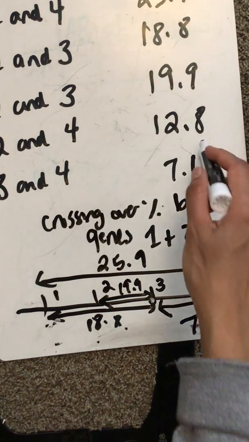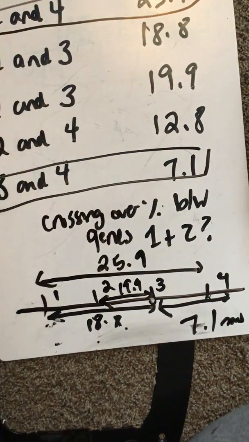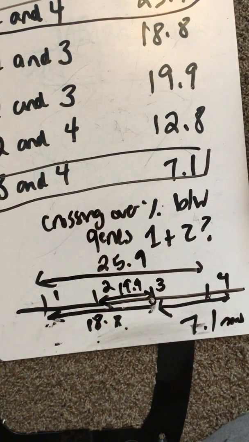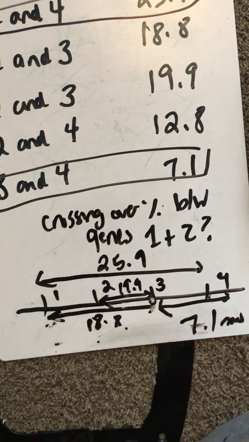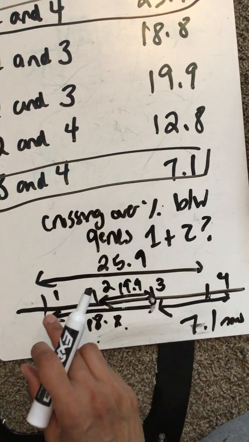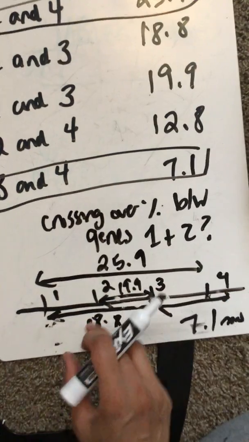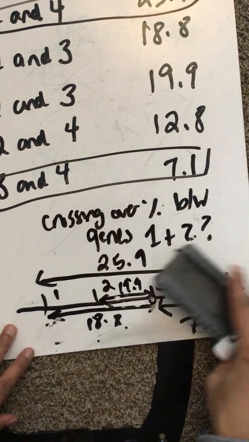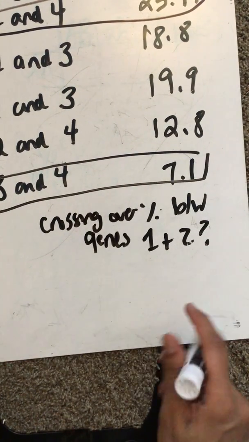Which works here, but how is it possible that the distance between 2 and 3 is 19.9? 18.8 plus 19.9 is way more than 25.9. So it can't be 1, 2, 3, 4. That is not the order of the genes on the chromosome. It makes no sense. So I've got to do it again and make sure the numbers match.